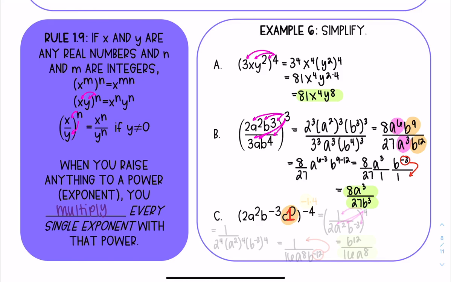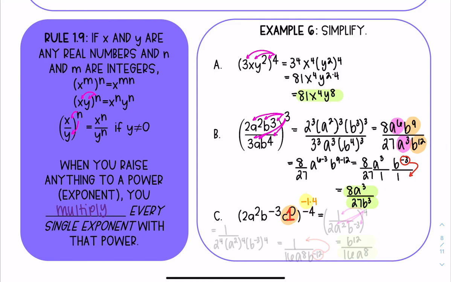So we can write negative 4 as negative 1 times 4. And so what this means, this negative 1 means that we can flip the entire fraction and then raise it to the 4th power.